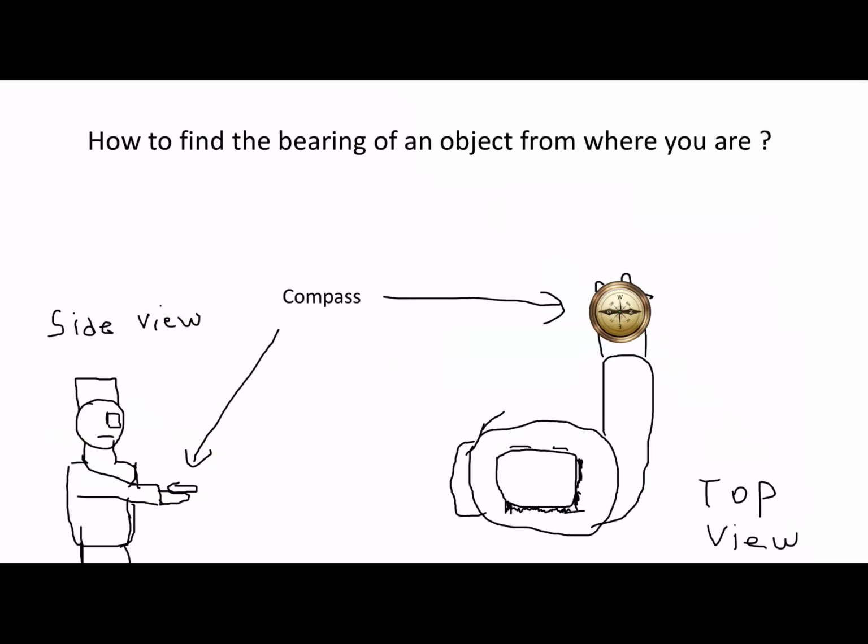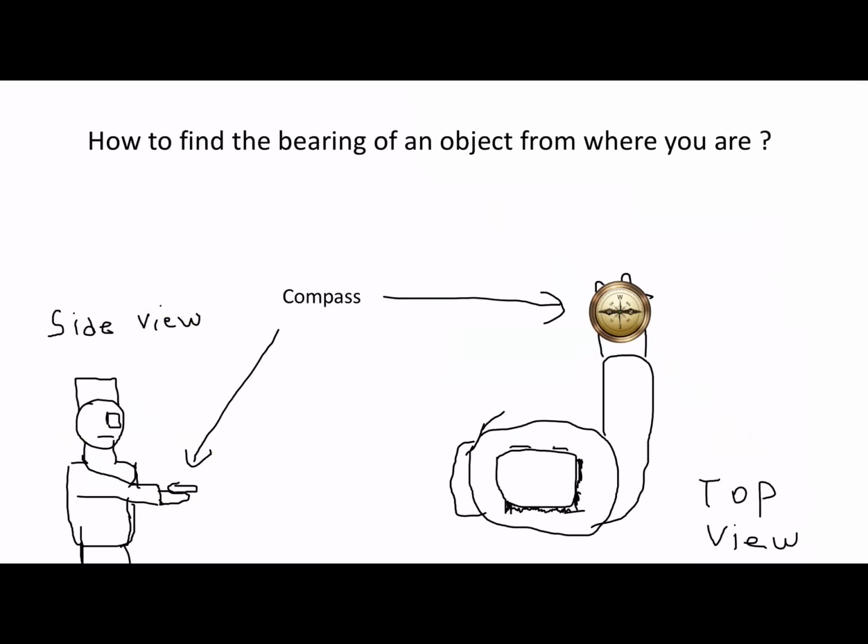So let's say you want to find the bearing using compass. You always put the compass parallel to the ground. Okay, since the ground is flat, so you place your compass parallel to it, so that the needle of the compass either points left or point right. If you slant it, it won't be accurate.